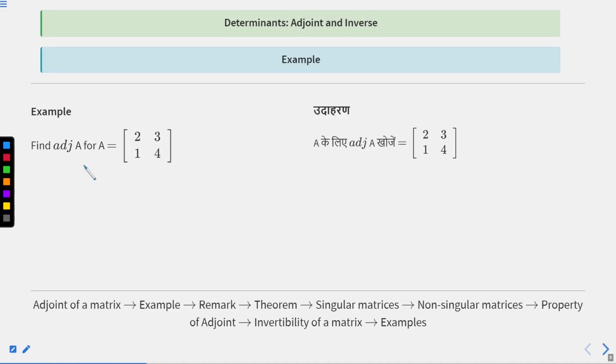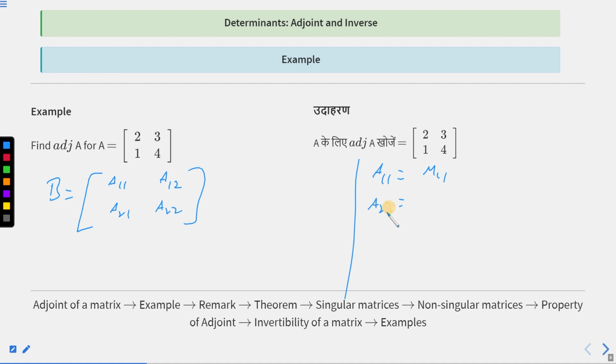Now let us see an example. We have to find the adjoint of A. In order to find it, let me find matrix B, the matrix of cofactors A11, A12, A21, A22. A11 will be M11, A12 will be minus M12, A21 will be minus M21, and A22 will be M22.